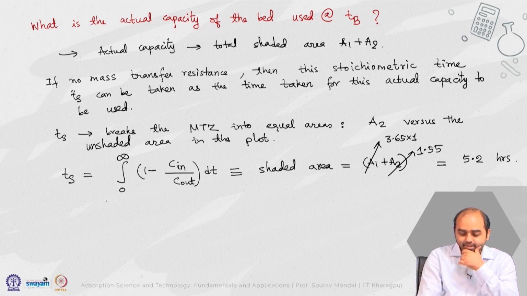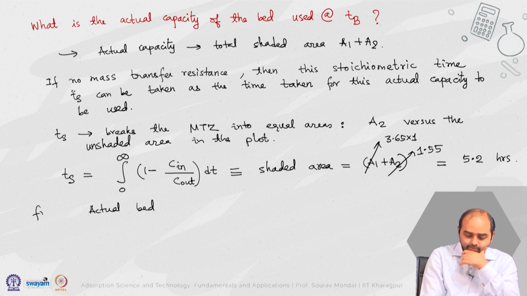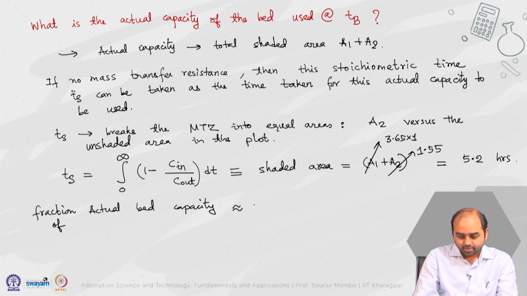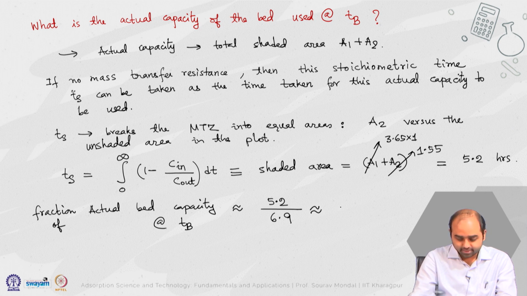So, the fractional or actual bed capacity that is used here at breakthrough is 5.2 divided by the breakthrough time, that is 6.9 in this case.